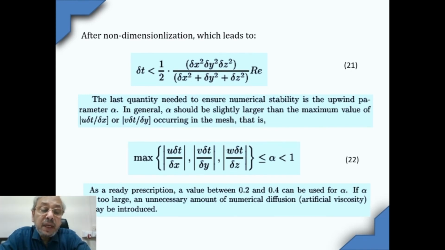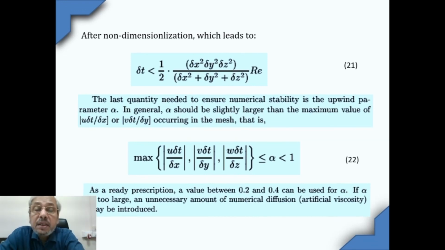As a ready prescription, a value between 0.2 and 0.4 can be used for alpha. If alpha is too large, an unnecessary amount of numerical diffusion or artificial viscosity will be introduced. So alpha is needed for stable calculation, but this alpha value should be minimum so that the formulation tends towards second order accuracy.